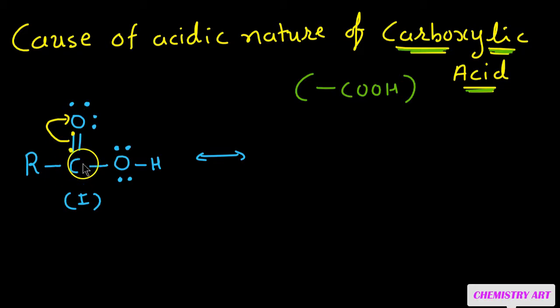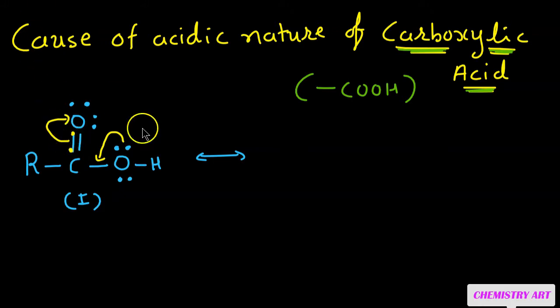Now the carbon's valency is 1, 2 and 3 only. So this carbon requires electrons, and this oxygen is going to help the carbon by transferring a lone pair of electrons between the carbon and oxygen. It means that a new bond is formed here and the old bond is broken from here.